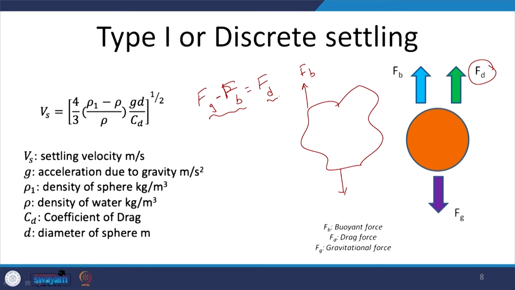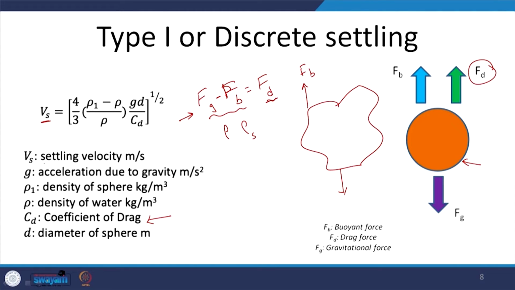So, we can just apply that, and what is it going to depend upon? It is going to depend on the density of the water, the density of the solid, the shape, the volume, the surface area of the particle, and then the coefficient of drag. We can plug that in and get the relevant equation. For a sphere, we can have the settling velocity, which we will derive from this equation. Let us look at the relevant variables here.